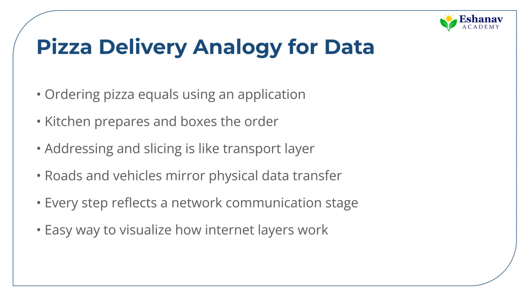Finally, it travels through streets and highways, just like the data link and physical layers guide digital bits through cables or Wi-Fi. This analogy shows how your data, whether it's a video call or bank transfer, depends on each layer functioning properly. And just like real pizza delivery, things can go wrong at any step, especially when attackers try to interfere.